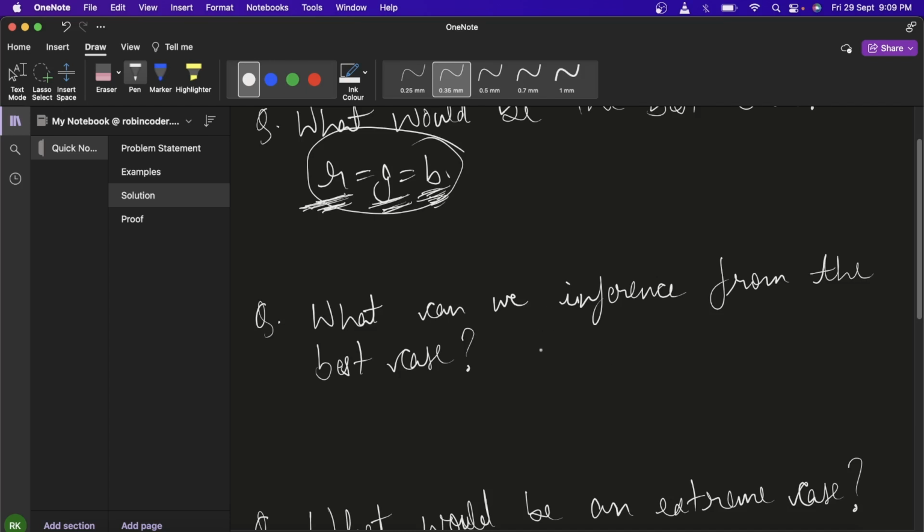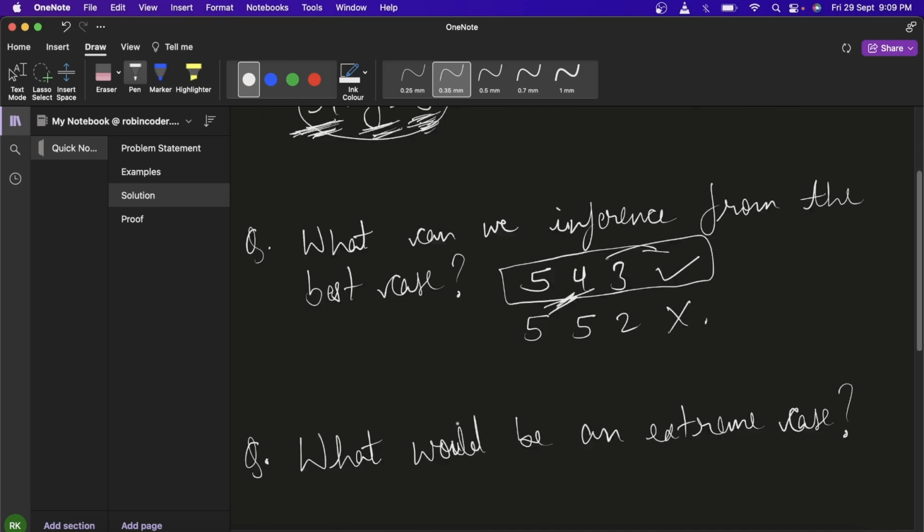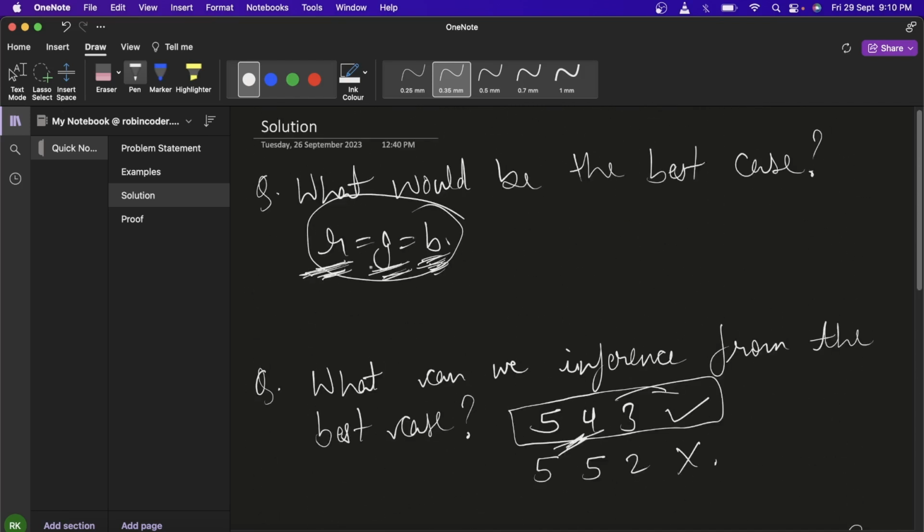For example, if we have 5, 4, 3, and if we have 5, 5, 2, in this case, the first is better, and the second is not. So we try to see if we can move to this case. This is the inference that I made from the best case, that if all are nearly equal, then we can decorate the maximum tables.